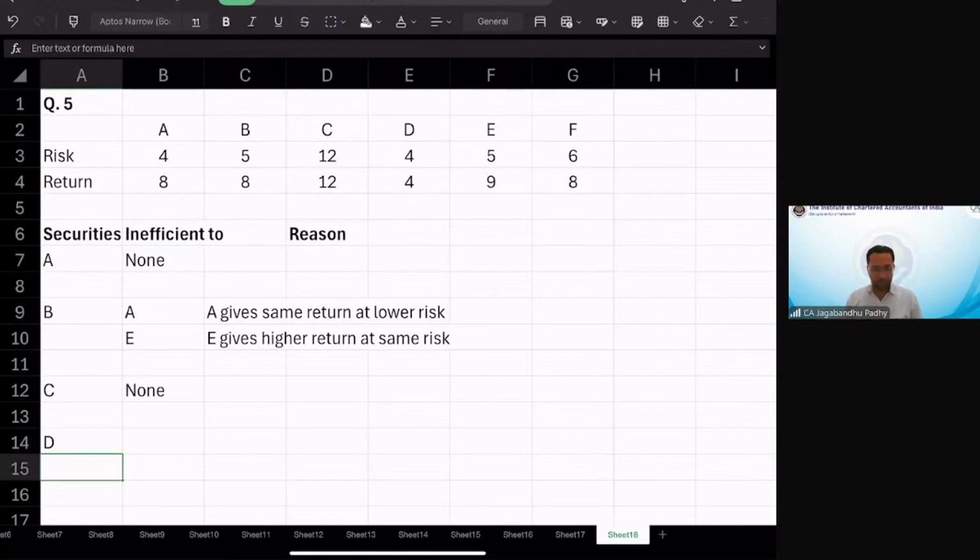Then coming to D. Is D inefficient to any security? Yes, sir. D is definitely inefficient to security A. Why so, sir?